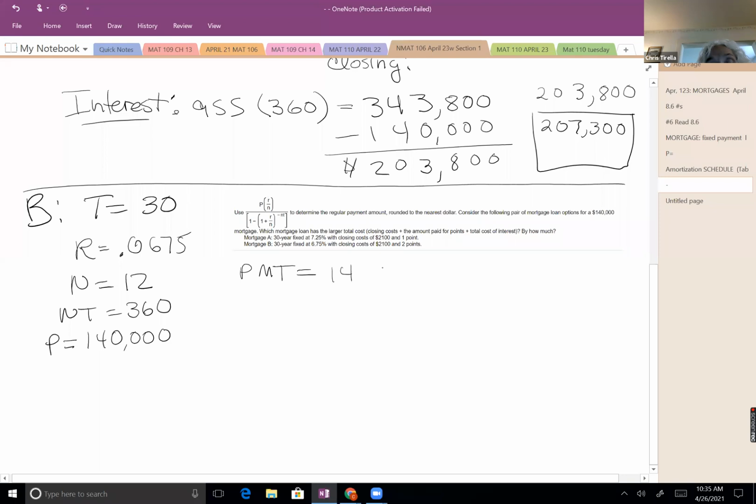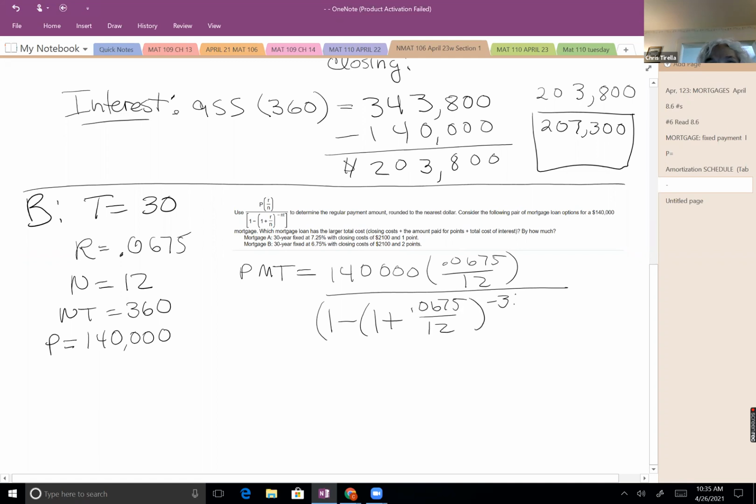We'll take the $140,000, this time multiplying by 0.0675 over 12. If you're good at scrolling up, you can find where we typed it in before, because everything remains the same except the interest rate. So I'm going to be that lazy person and do that.